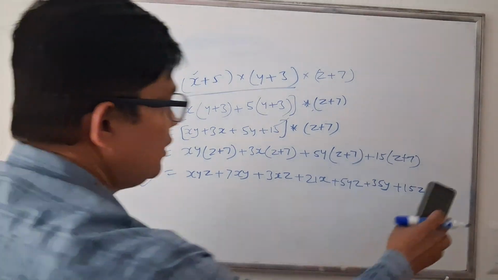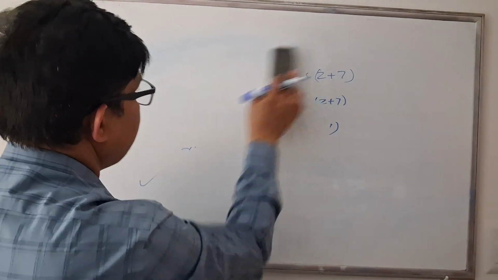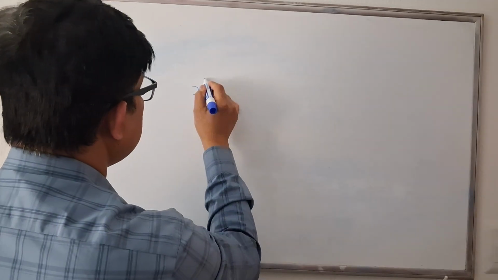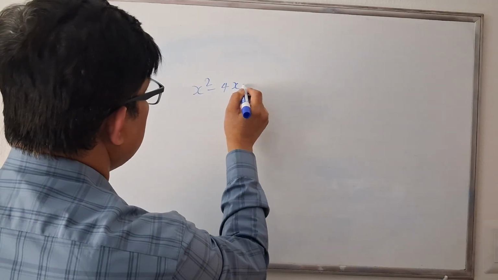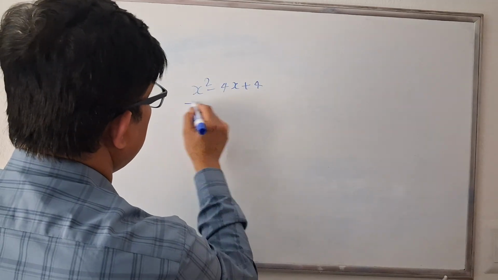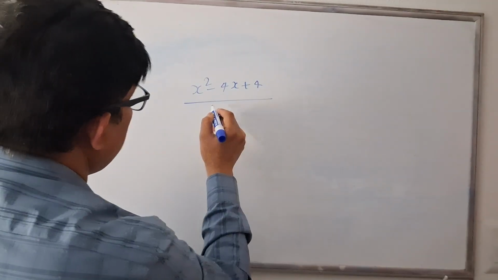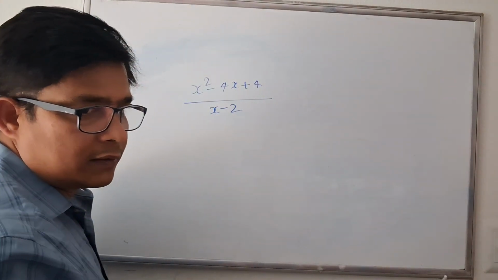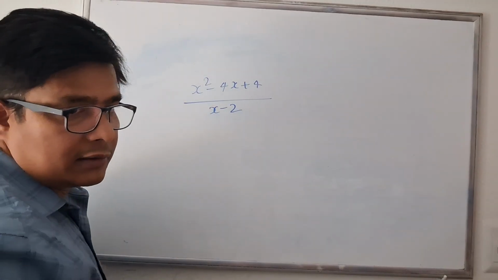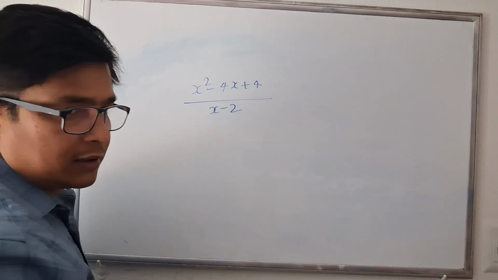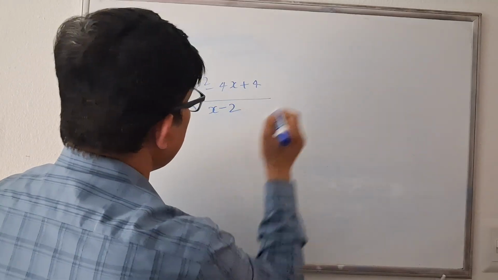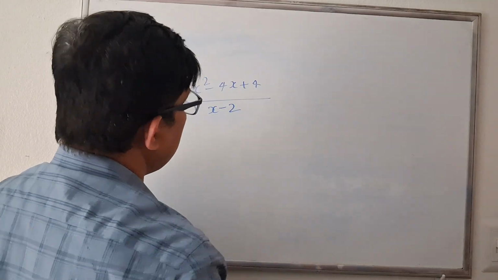Okay. Now what about division? Let's say x square minus 4x plus 4 divided by x minus 2. Okay. So how will you divide this? It's very simple. There are two approaches.